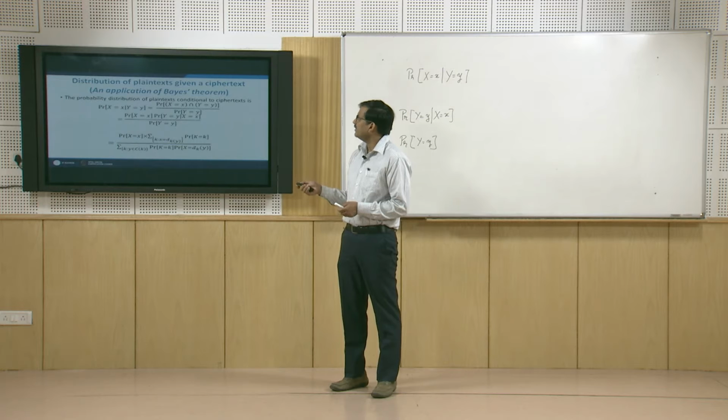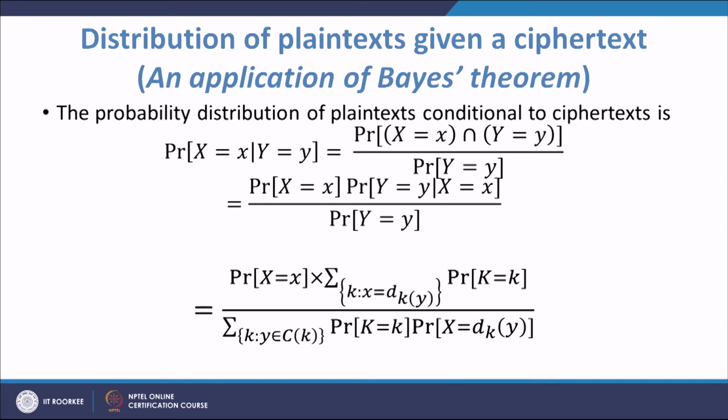Here probability of capital X equal to small x given Y equal to small y equals probability of capital X equal to small x intersection Y equal to small y divided by probability of Y equal to small y, and this one we can write by using the definition of conditional probability as: probability of capital X equal to small x into probability of capital Y equal to small y given X equal to small x, and we divide it by probability of Y equal to small y.